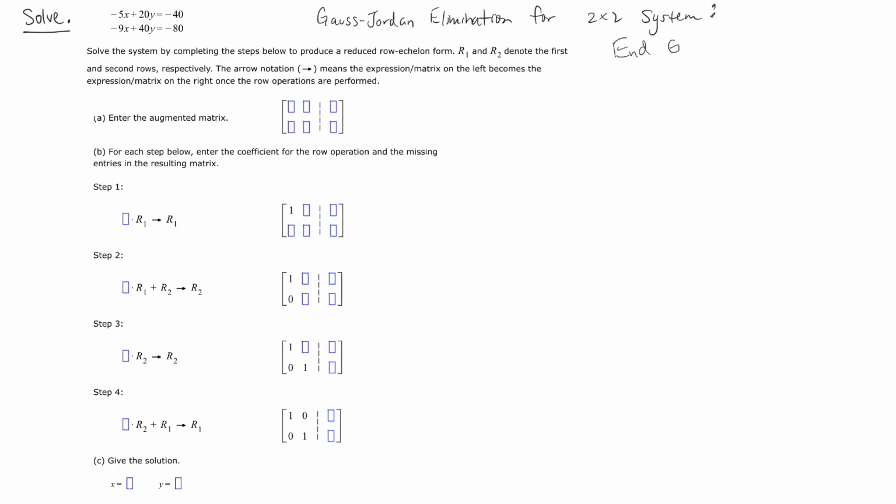Our end goal is to get a staircase pattern of ones with zeros in between. And then this could be a constant and this could be a constant. The strategy is often, this is our first thing that we want to get, a leading 1 in the first row. And then we want a 0 right underneath that leading 1. And then this is going to be third, and this is going to be fourth.